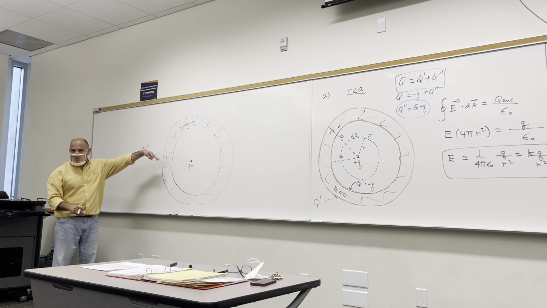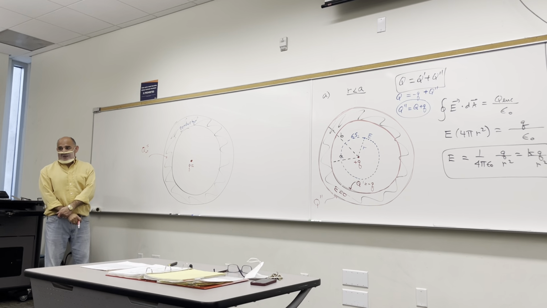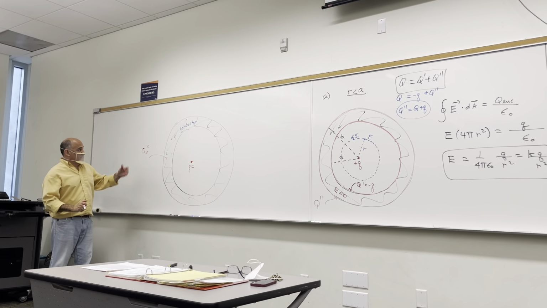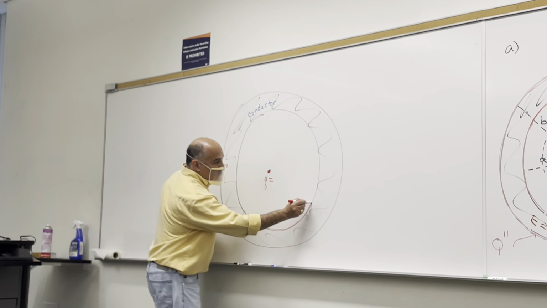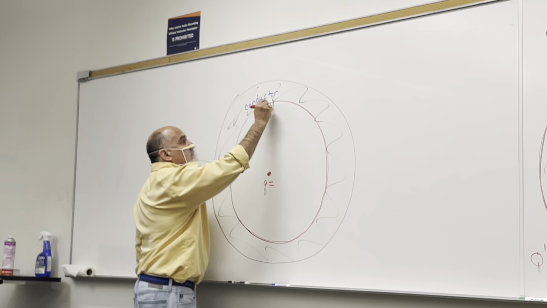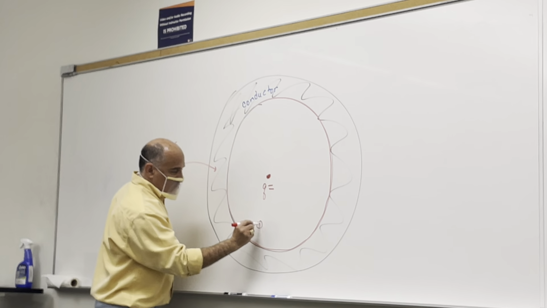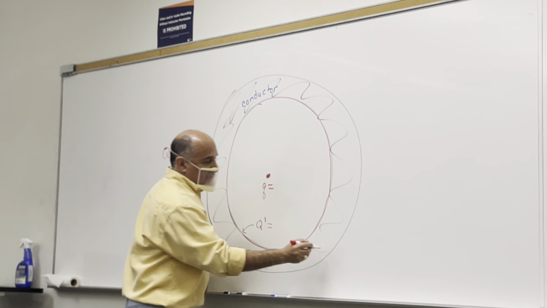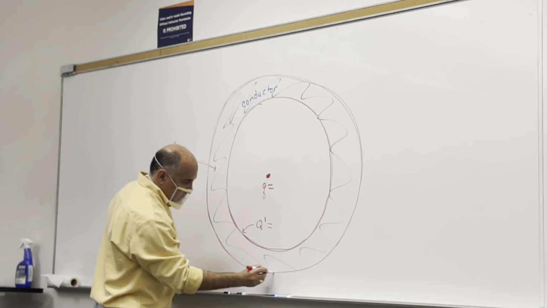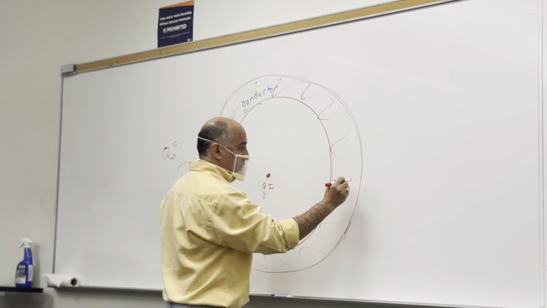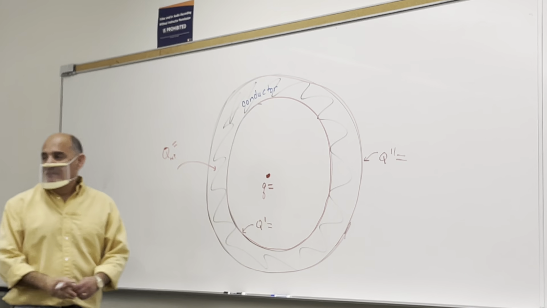I mean, that's the total charge of the conductor. Now, we know that some of the charge is going to go to the inner surface, which is Q prime. And the rest of the charge is going to go to the outer surface.